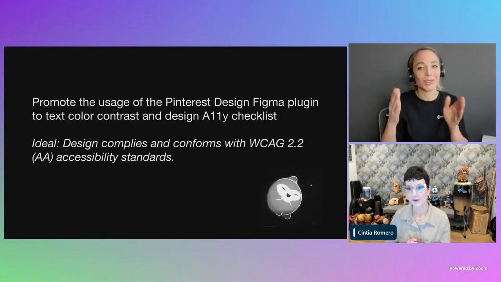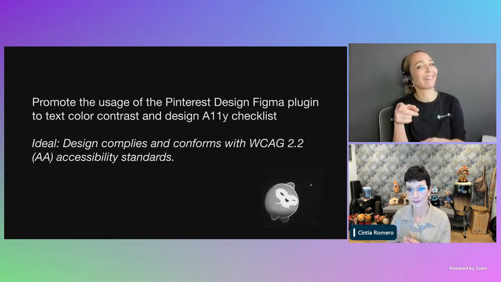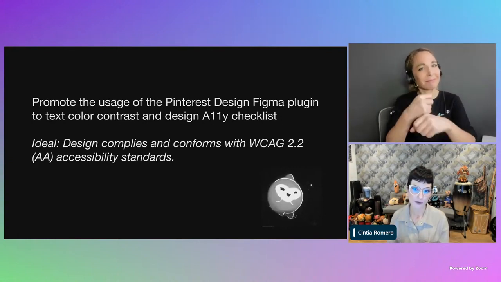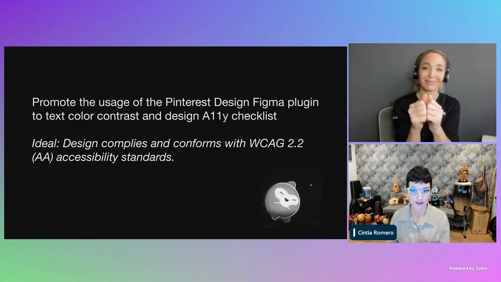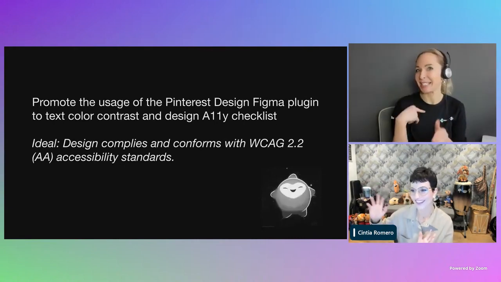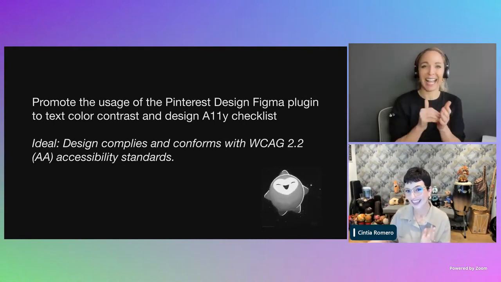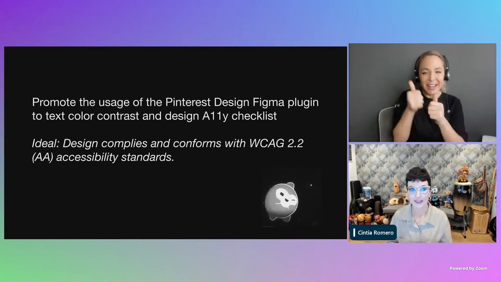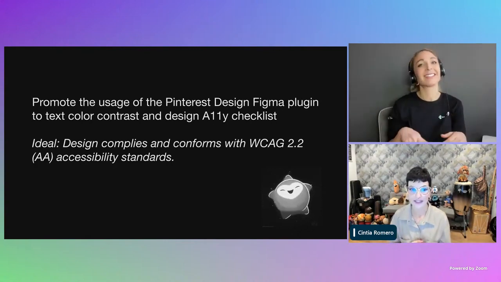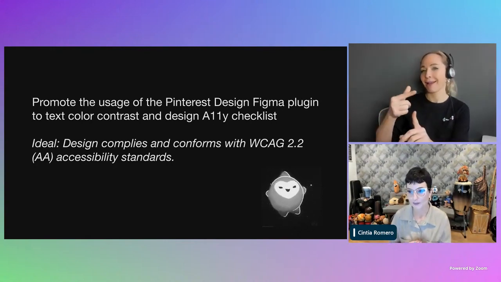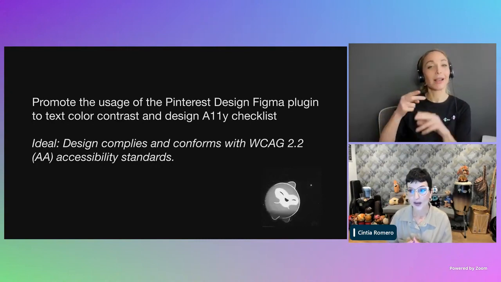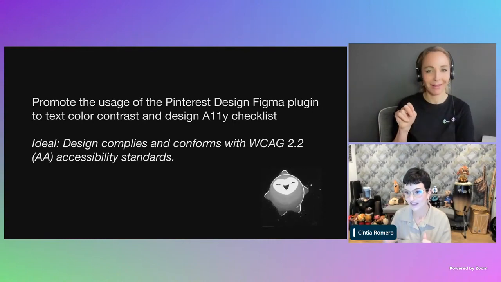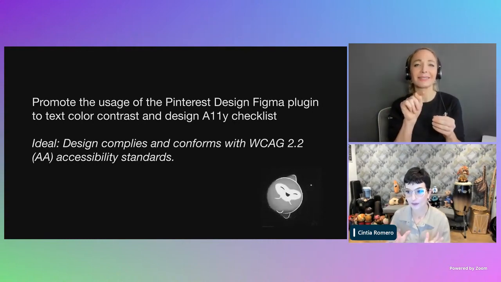I wanted to share one example of a tool that my teammates created to help make accessibility part of the design process. On this slide, I'm showing the Disney character dancing again, because we need to celebrate any accessibility efforts that we have. We have a plugin at Pinterest called the Pinterest Design Figma plugin. We are trying to add text contrast and the accessibility checklist that I shared before as part of the plugin.